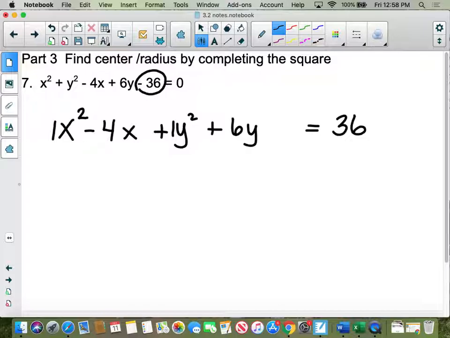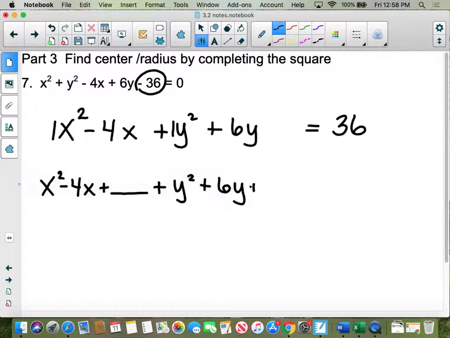Yes. The next thing we need to do is come up with a number that we're going to add to this one and to this one. That will complete the square. So here we go. What's half of negative 4? Negative 2. What happens when you square negative 2?